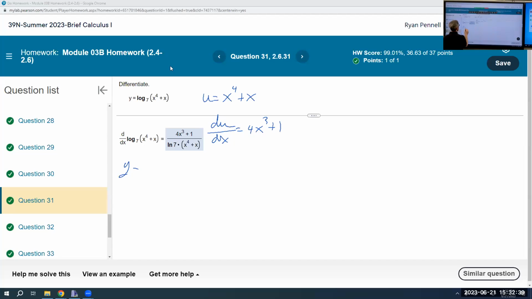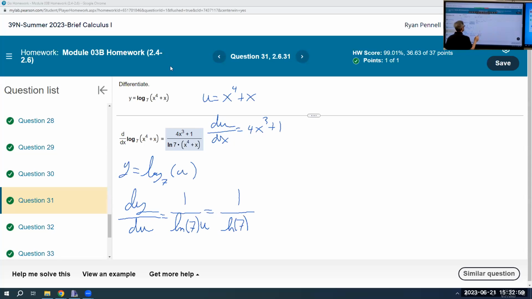So I let y equal log base 7 of u, so dy/du equals 1 over natural log 7 times u, and u is x to the 4th plus x.